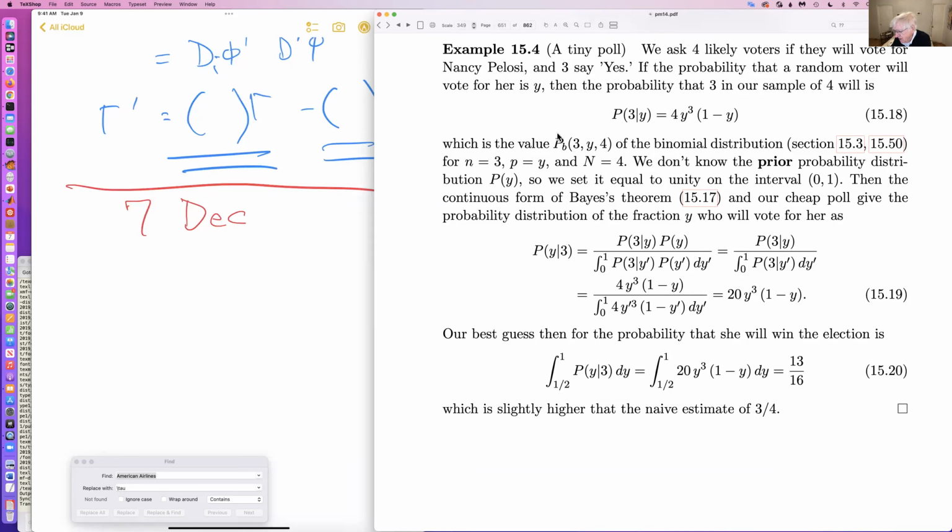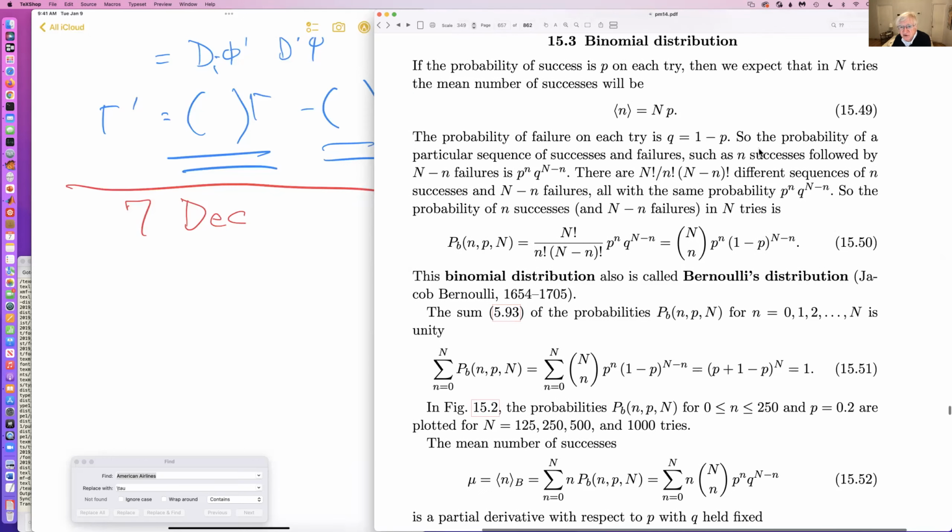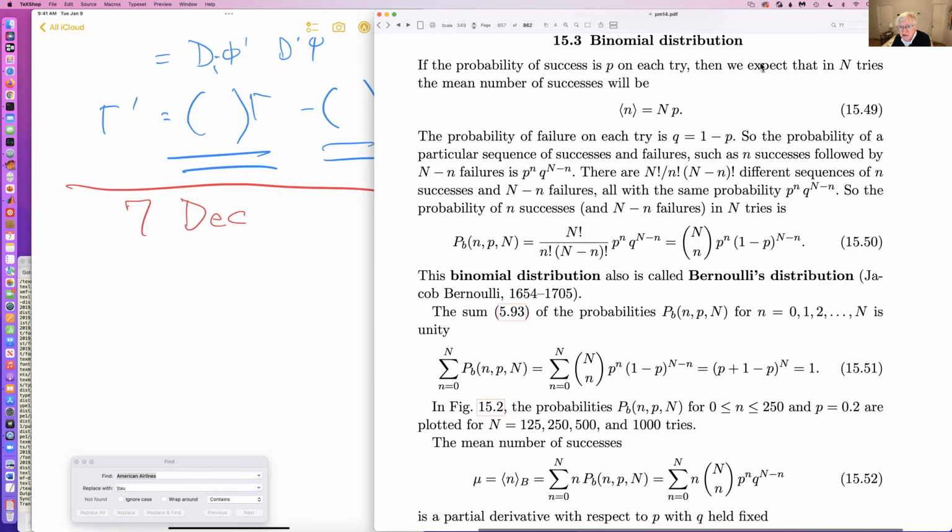Ideally, I would have already done the binomial distribution, but you guys know about the binomial. Let me just switch to the binomial distribution for a second. The probability of success is p on each try. Then in capital N tries, the mean number of successes will be N times p. The probability of failure on each try is of course 1 minus p.